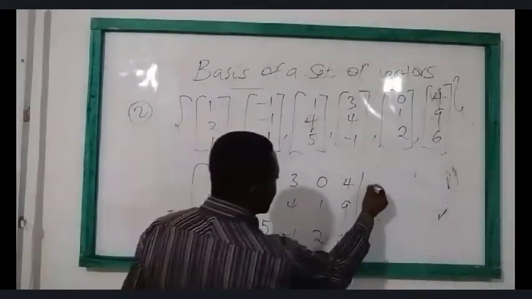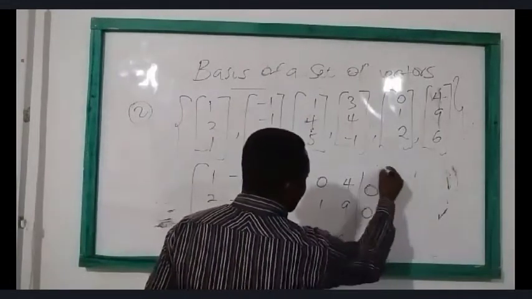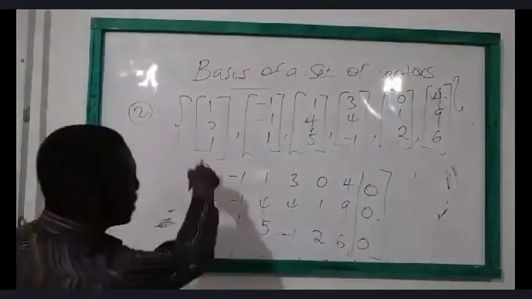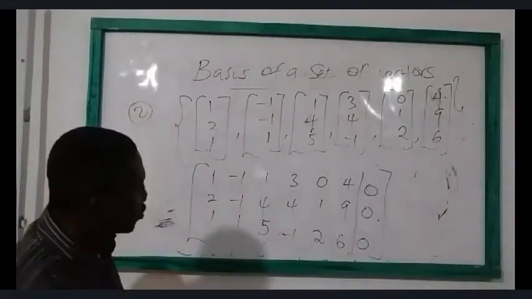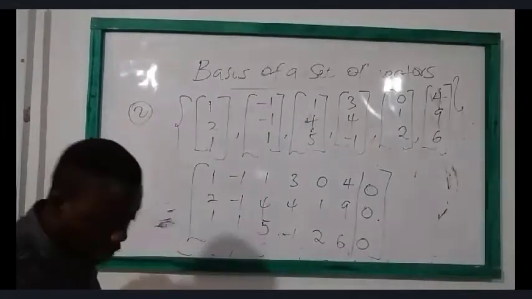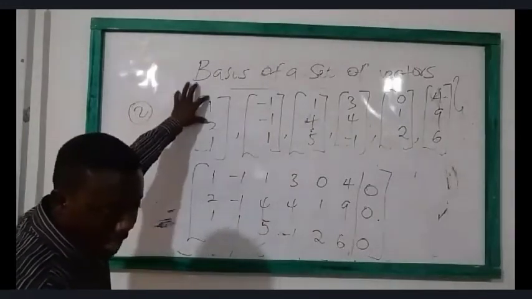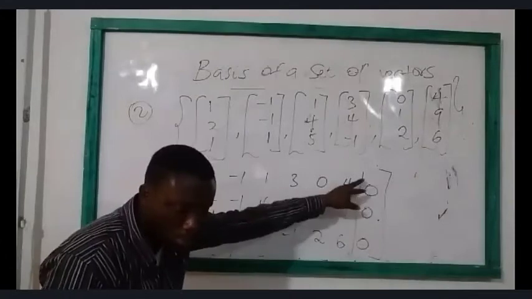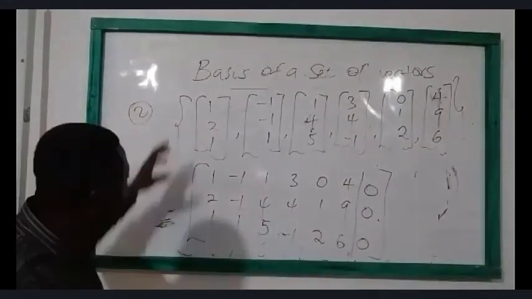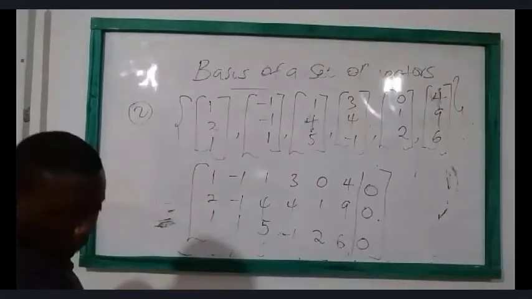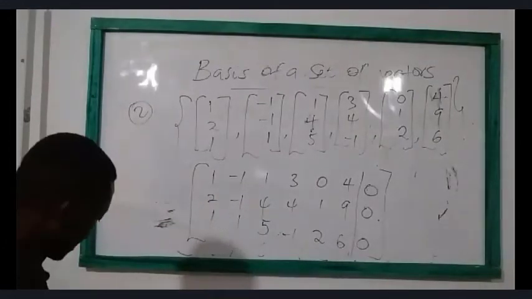So we augment it with the 0 vector. Because it's in R3, all the vectors are in R3, so your zero vector will have 3 entries. If they were in R2, the zeros would be 0, 0, not 3. If it's R4, your zeros will also be 4. Okay, so that is that.